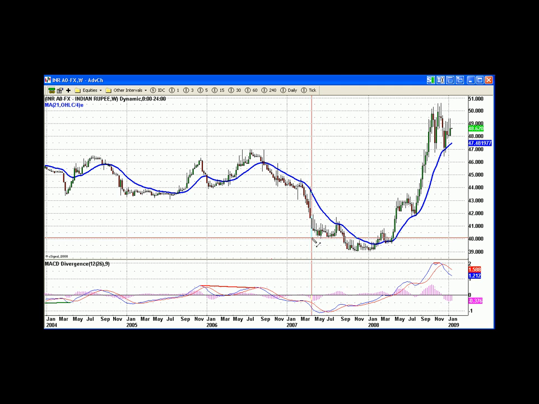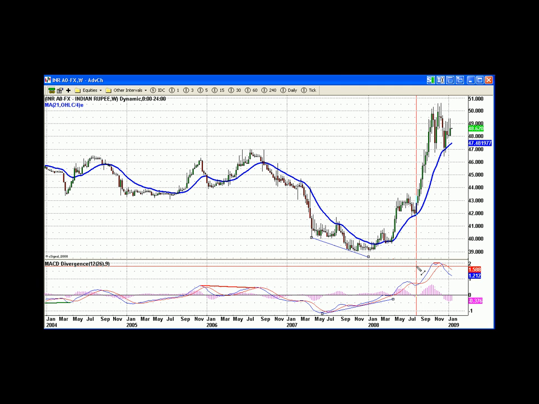So up here on the weekly chart, we had a brilliant divergence. You see the prices coming down, whereas the indicator was going up. So the indicator was doing something different to what the price was doing.